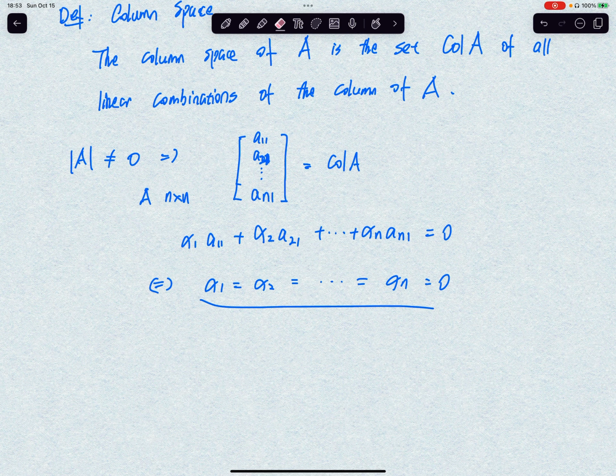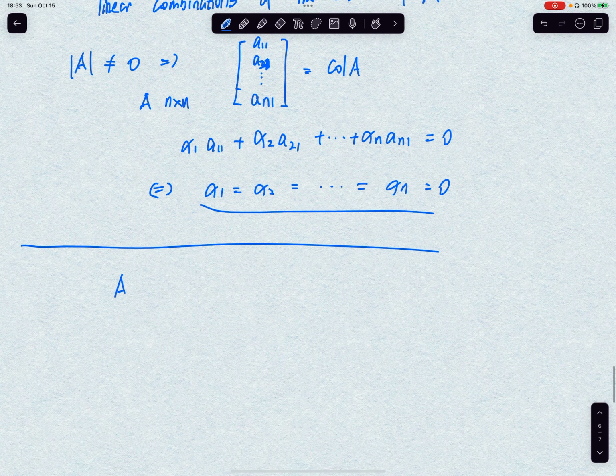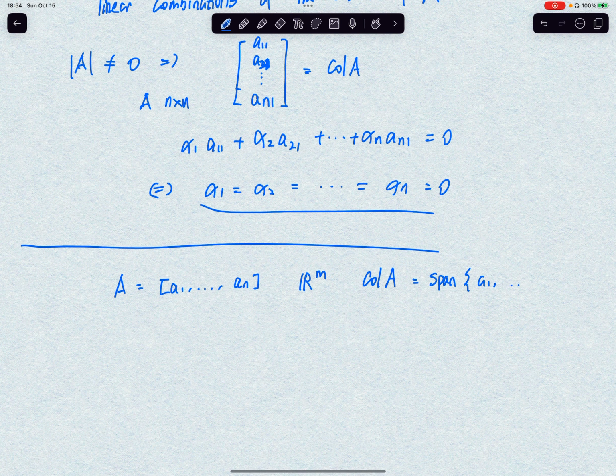And of course, if A equals A1 up to An, with the columns in Rm, then the column space Col A is the same as the span of A1 up to An.